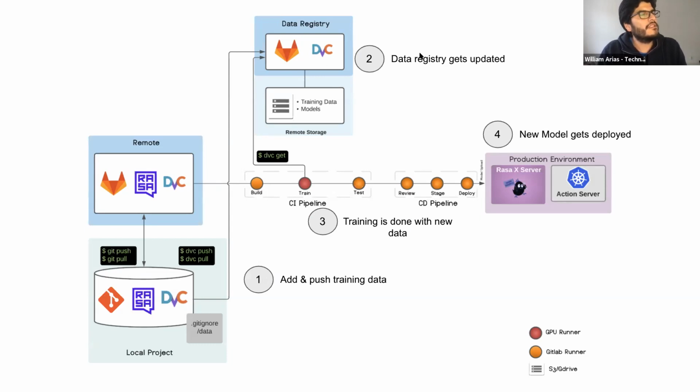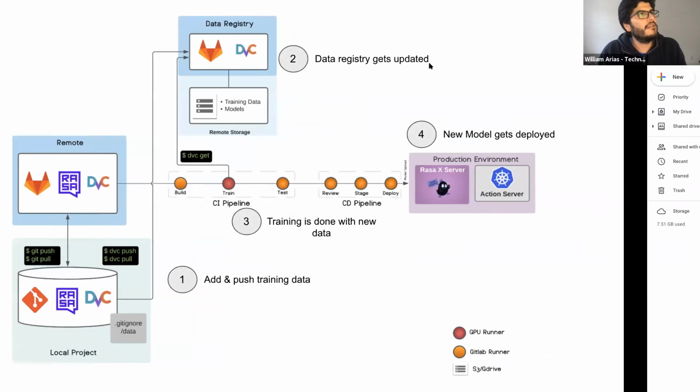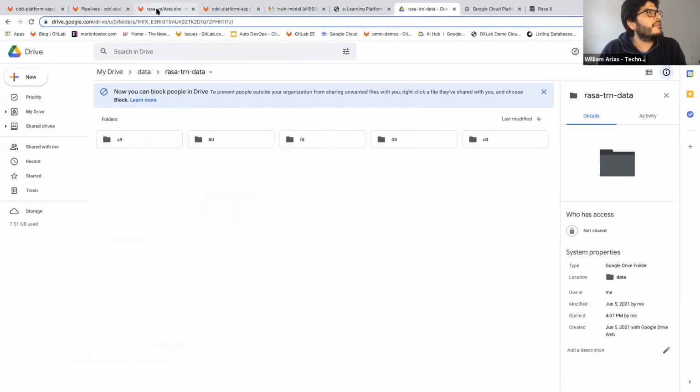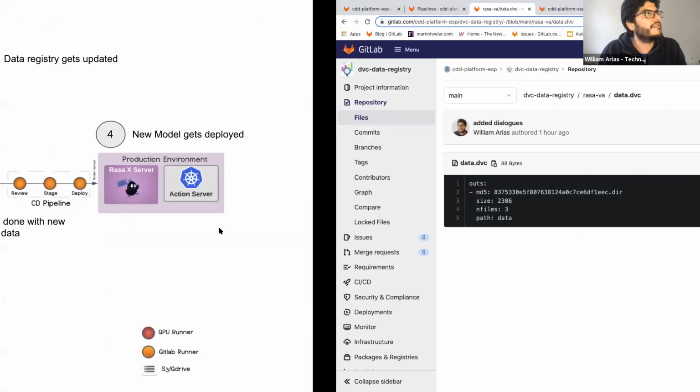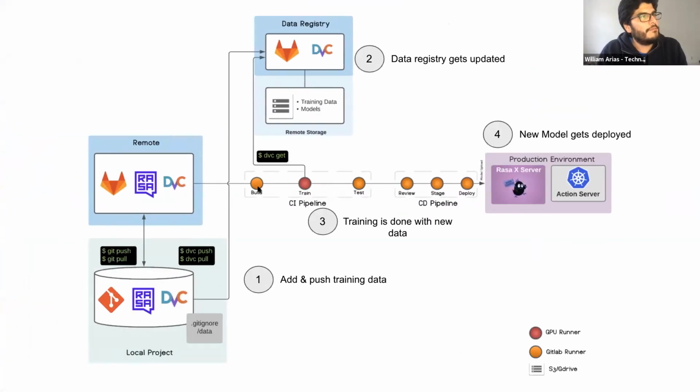And then when this data registry gets updated, it means that something in this file is now telling me I have to point to the latest version of the data set. And when I run a pipeline that is going to run the Rasa train command, it will get it from this external remote repository that is being tracked by that hash that is generated in the remote storage.